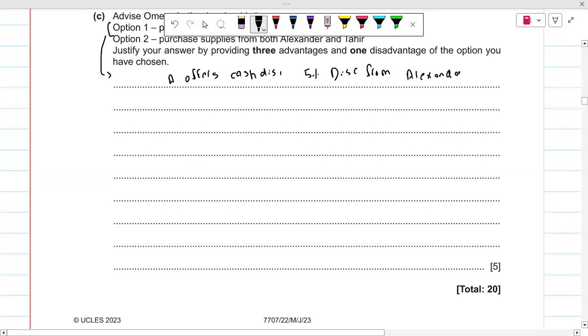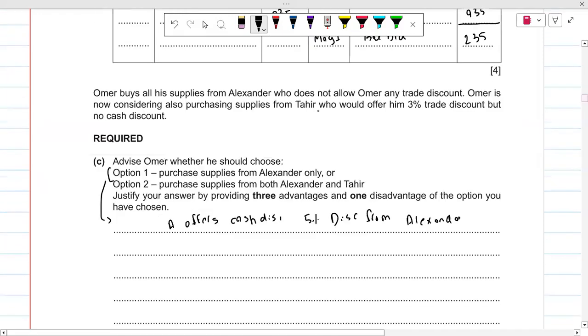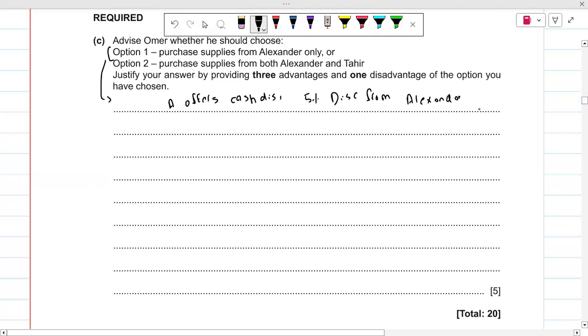And Tahir is only offering 3% trade discount. So it is good that Alexander is giving you 5% discount and Tahir is giving you only 3%. This is also an advantage of option 1. And we are already purchasing supplies from Alexander, so it means that Alexander is reliable.